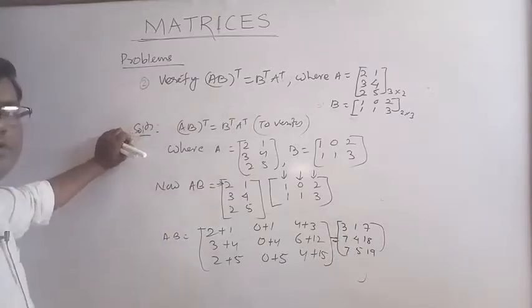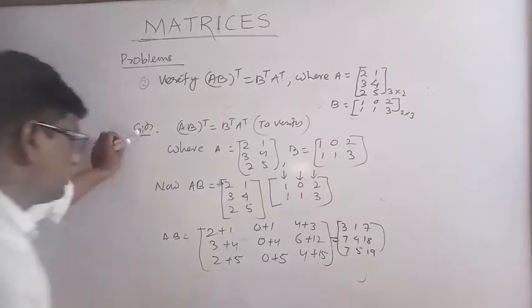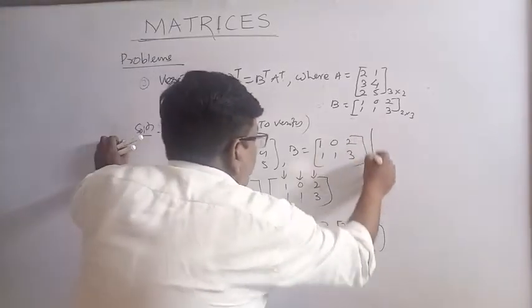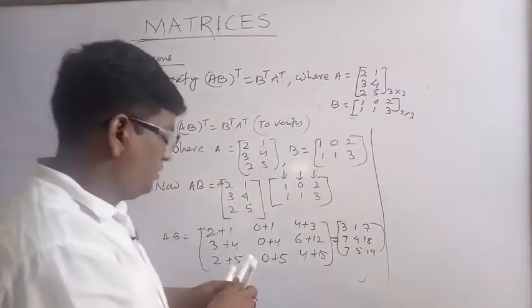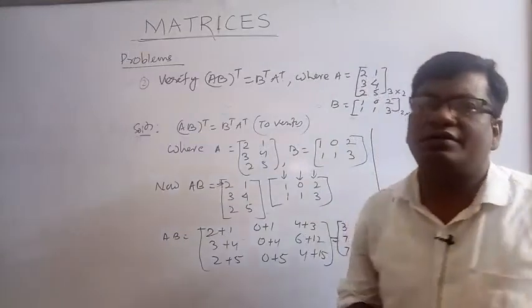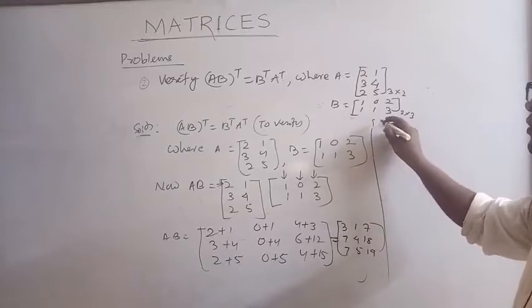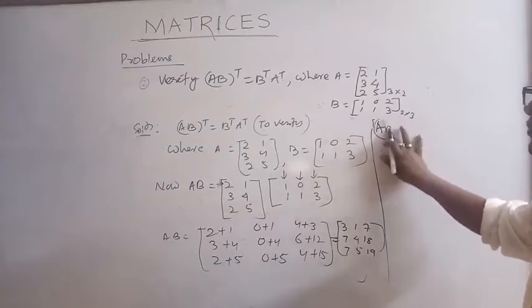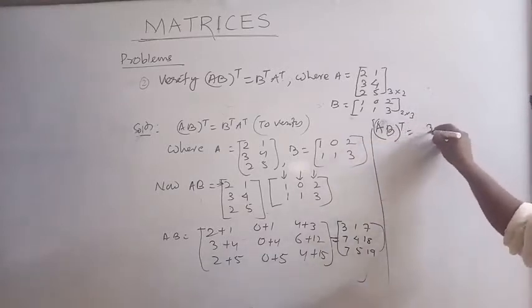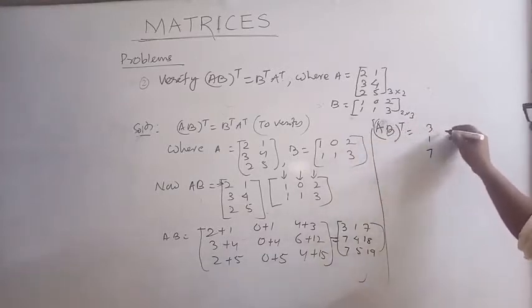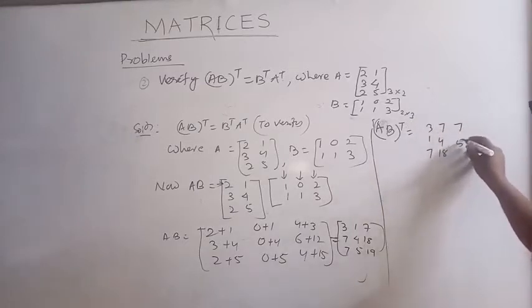Now (AB) transpose is equal to what? This is AB, and (AB) transpose is that: 3 1 7, and 7 4 18, and 7 5 19.